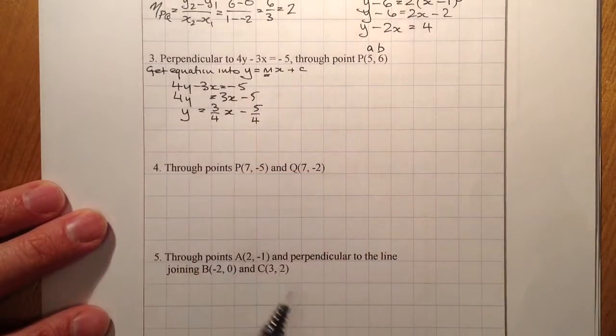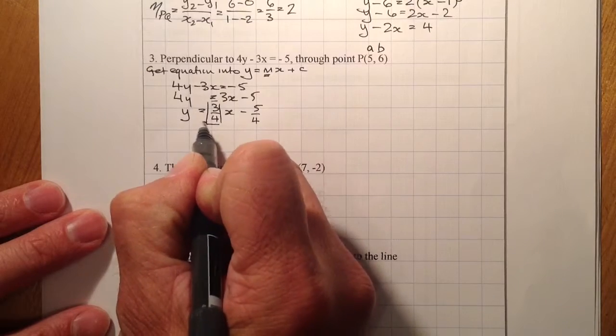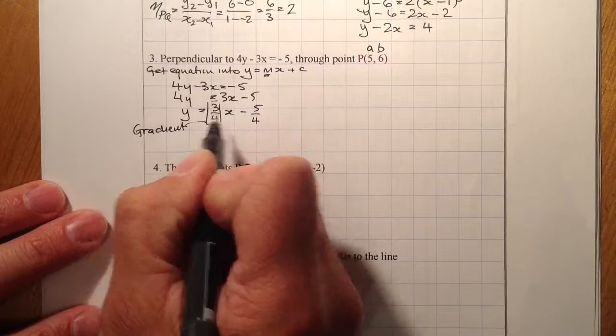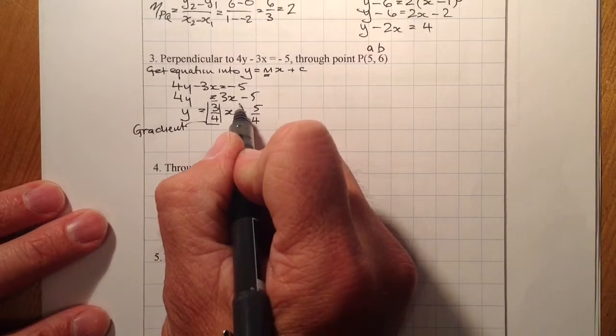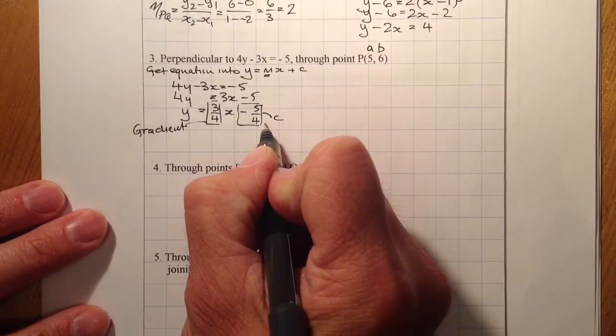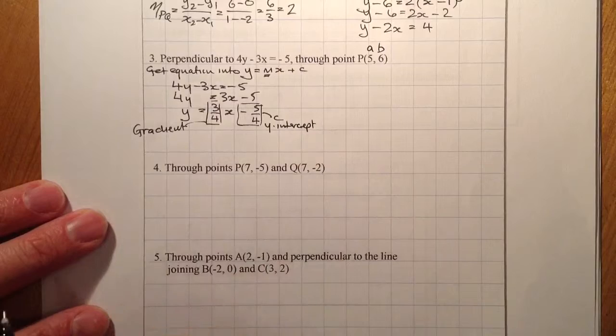So remember what I've got here, this part here is going to be the gradient, so that's my gradient of this line. And this part here, remember, is going to be my c value or my y-intercept. That's what that is for that straight line there.